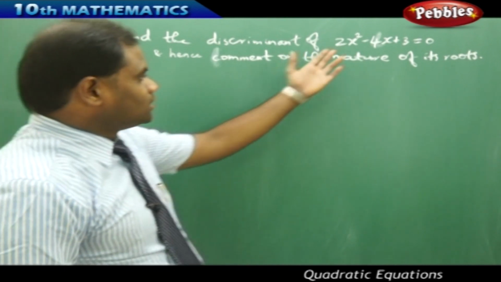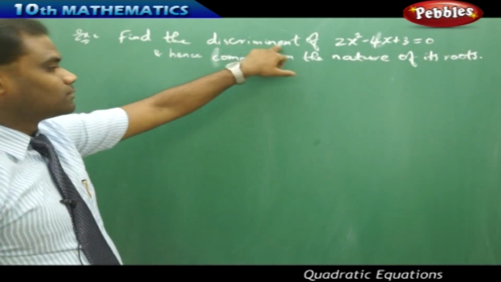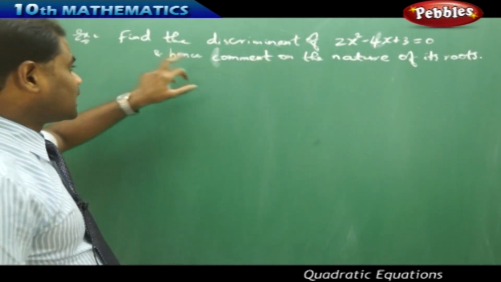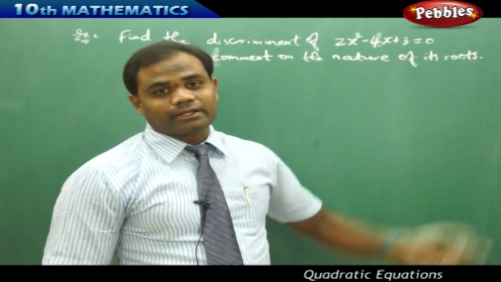We have the quadratic equation 2x squared minus 4x plus 3, whose discriminant, delta, I need to find, and then comment on the nature of the roots of this quadratic equation.